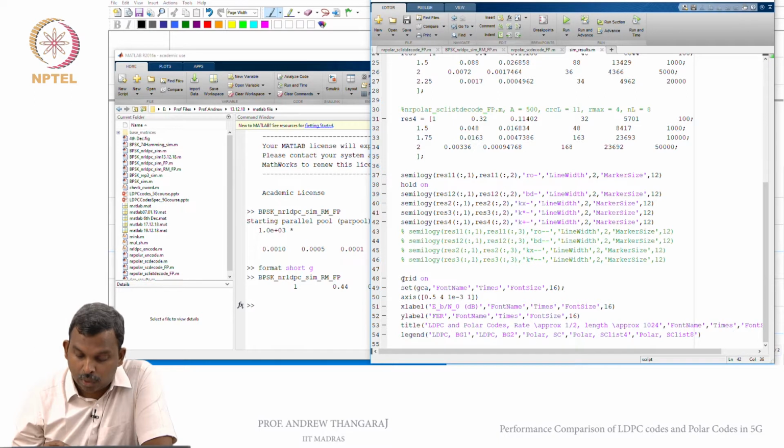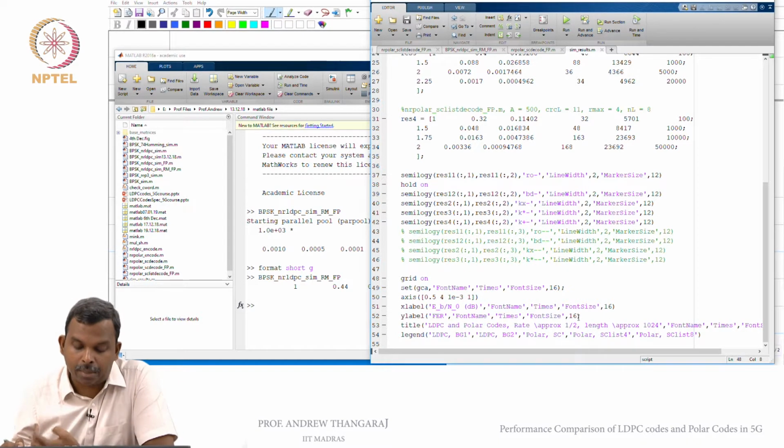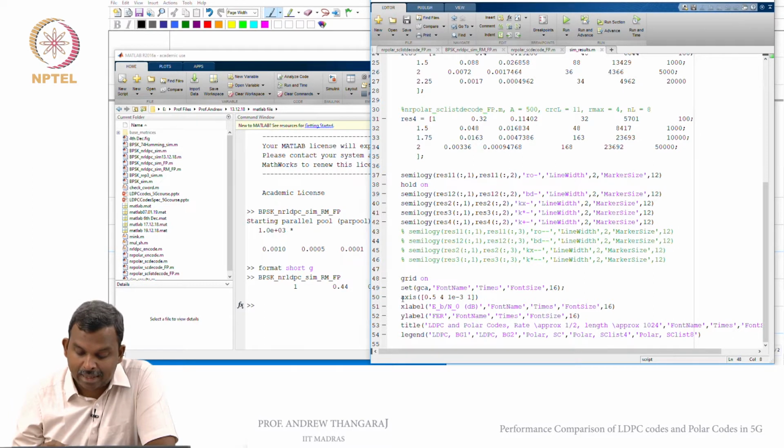You'll see here also I've turned hold on. Hold on makes all the plots appear in the same figure. Grid on gives you the grid, and then I set a lot of properties. Mostly this has to do with making the fonts bigger. Again, MATLAB's default font is very small, so I like to make it bigger, then setting the axis and all that. Okay, so let's run this.